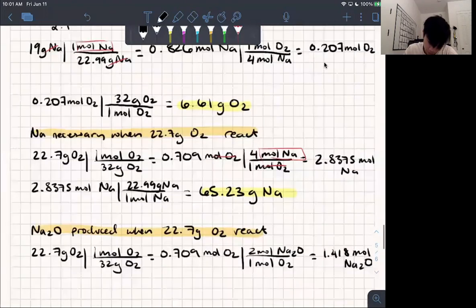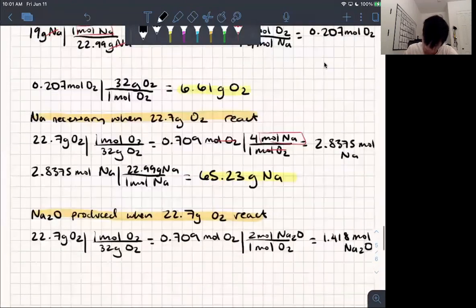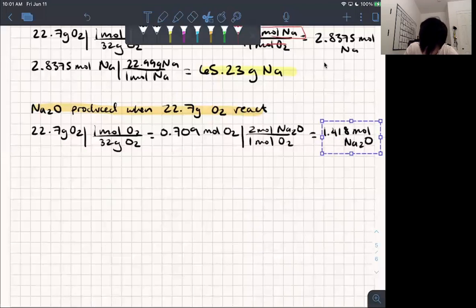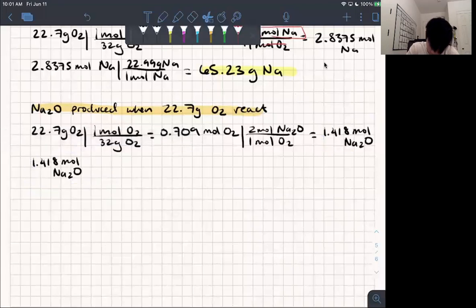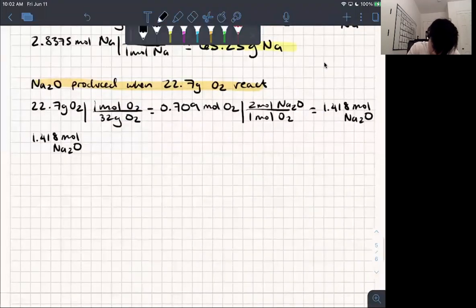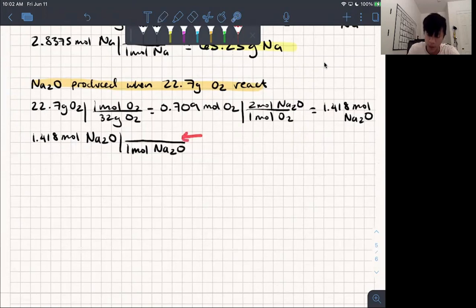Okay. Now we're going to bring this down here. We should know the drill by now, right? So think about what we would be doing first. If we're trying to convert this into grams, what should go in the denominator? The moles, right? And then we want to know how many grams that would be.